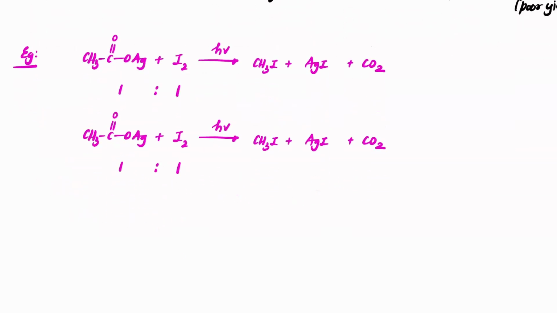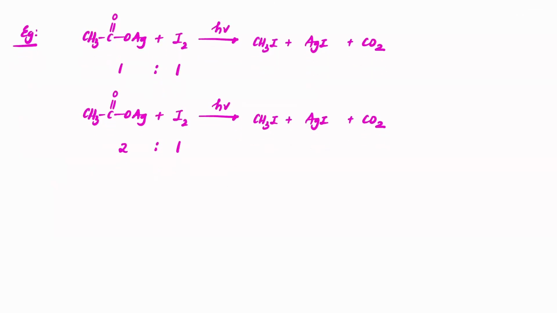But if the composition is slightly more, if it is 2 is to 1, then this is not the product. This will become the minor product. The major product will be the ester itself, CH3C(=O)OCH3.